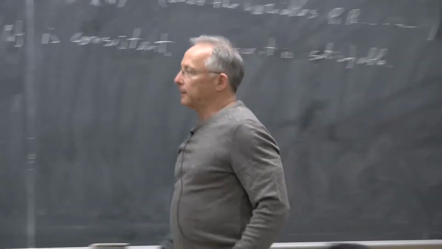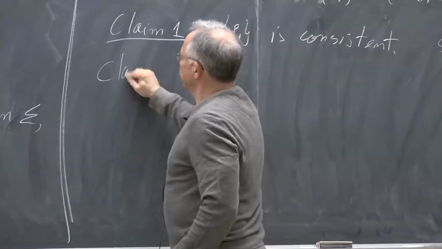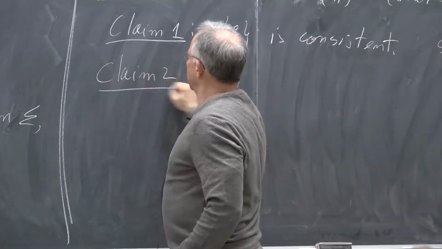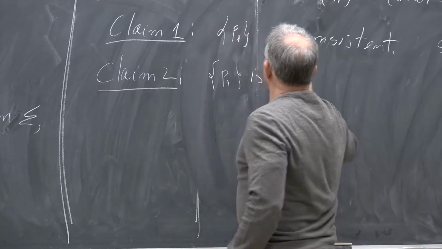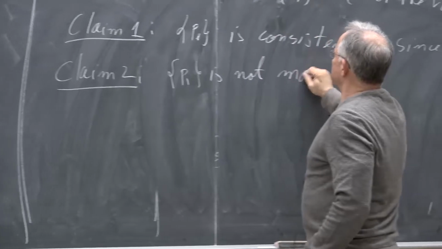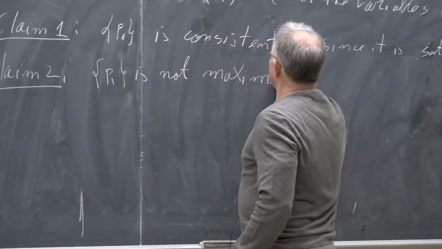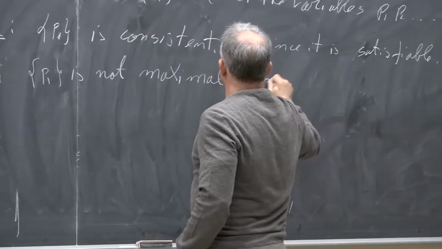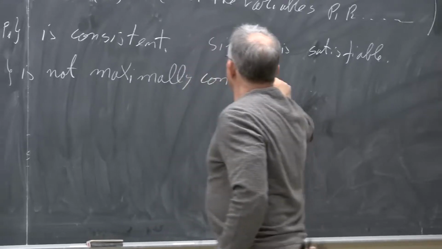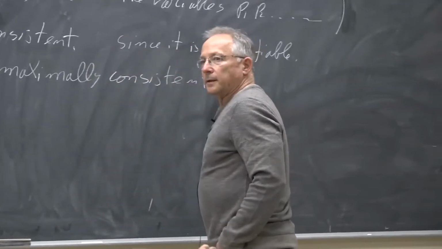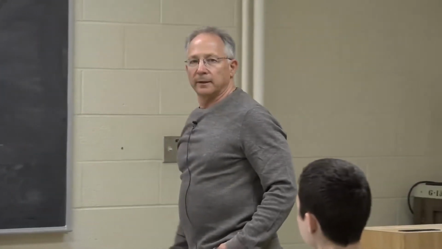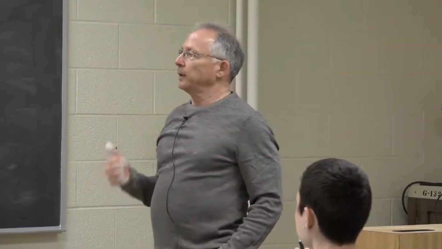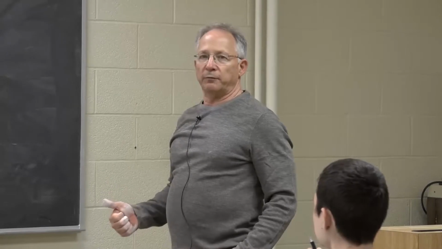Now my second claim is that this sigma is not maximally consistent. For that, I have to show you some alpha such that, first of all, my sigma doesn't prove alpha.